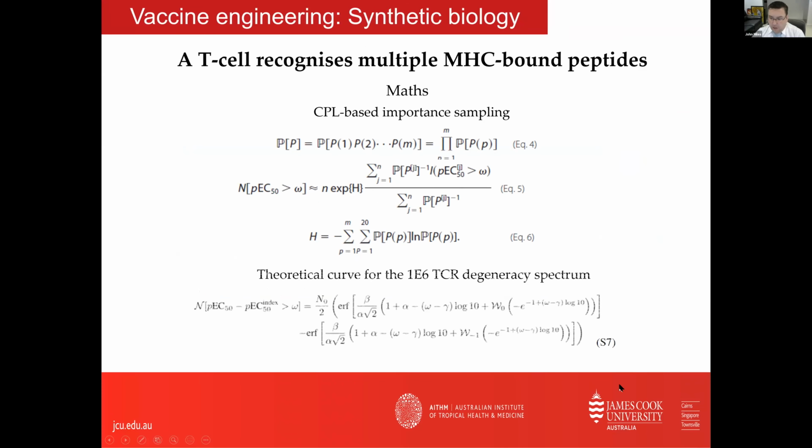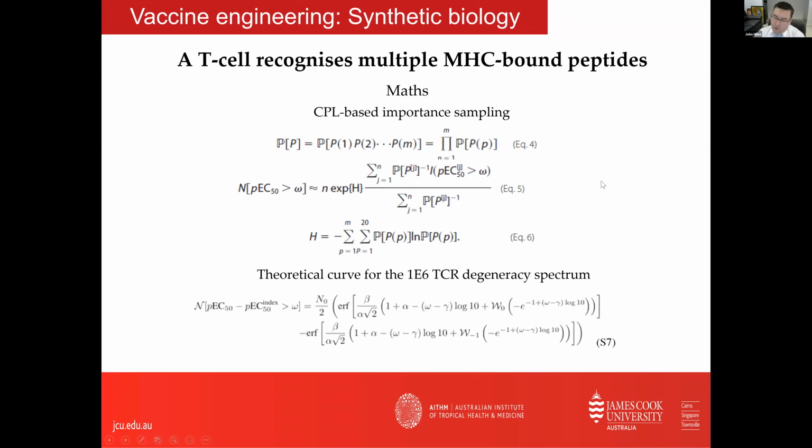Okay, so I was going to spend the rest of the talk on the mathematics. I'm just kidding. I'm not. But this was derived by our collaborators at Warwick University and validated by other collaborators in the UK.